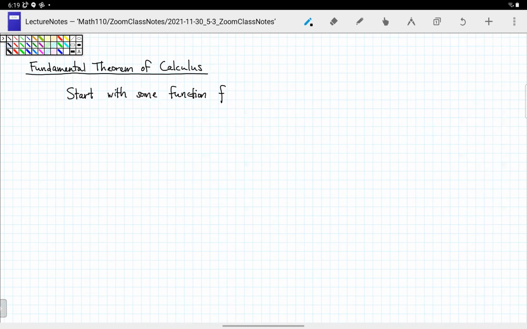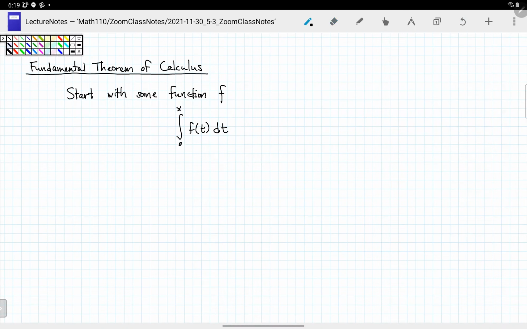But so we start with some function f, and we define this new function, which is the integral from 0 to x of f of t dt. So the input variable here is that x, and I can also say that it doesn't matter what you start at.